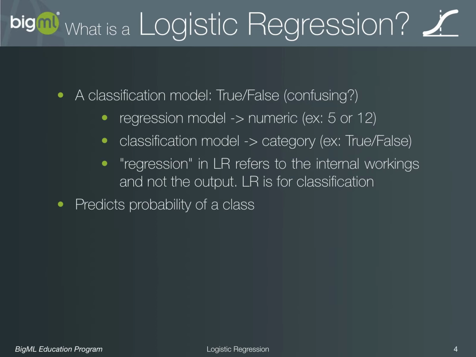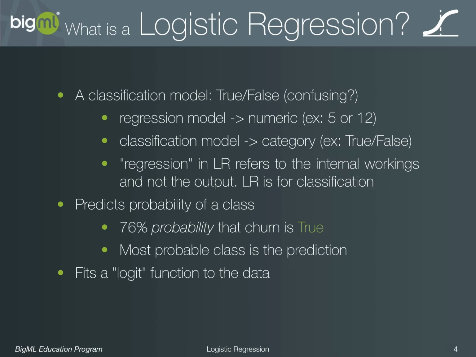The second thing about logistic regression is that the output is not actually the class value, like true or false, but the probability of a class. For example, 76% probability that churn is true. Of course, we say that the most probable class is the predicted outcome.